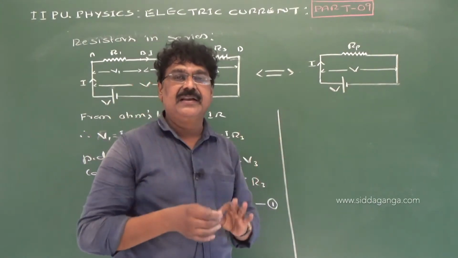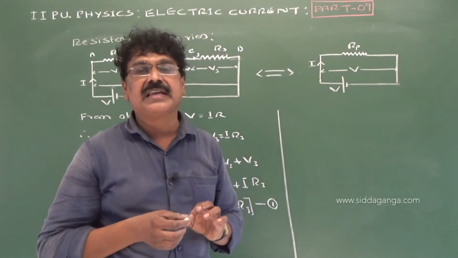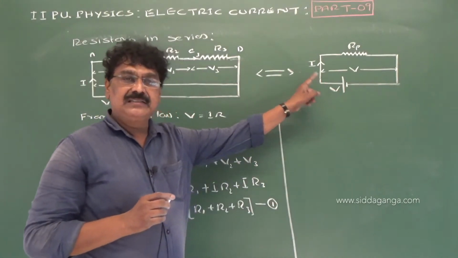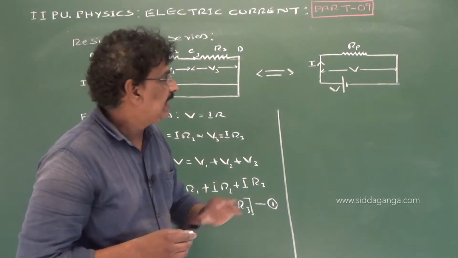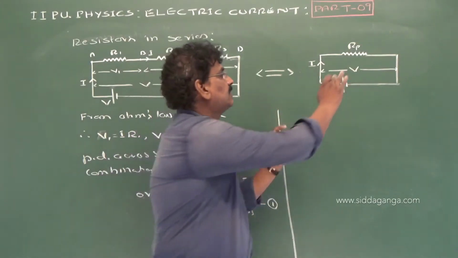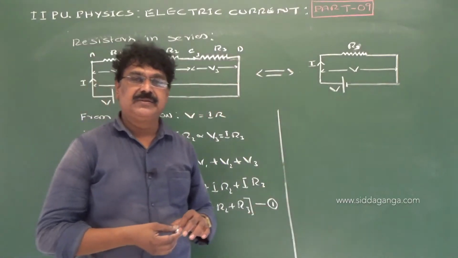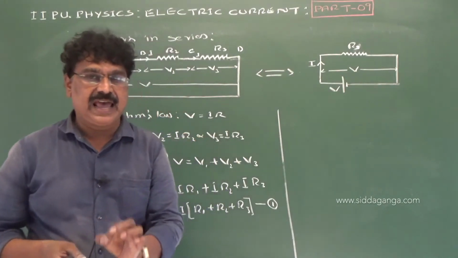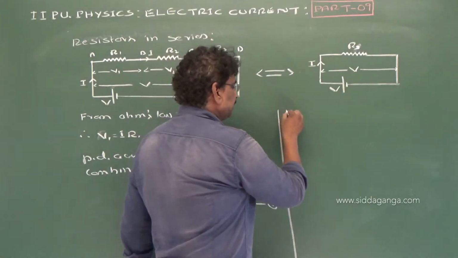Such a resistor is called the equivalent resistor, and its resistance value is called equivalent resistance. Now, we have replaced the combination of resistors by a single resistor, RS, for the series combination, that produces the same effect as the combination.